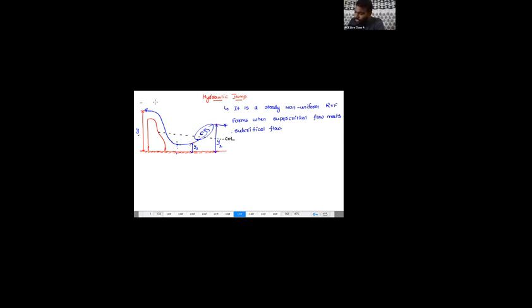You know that this is nothing but the total energy line. Up to this point, the total energy is going to be the same, my dear.